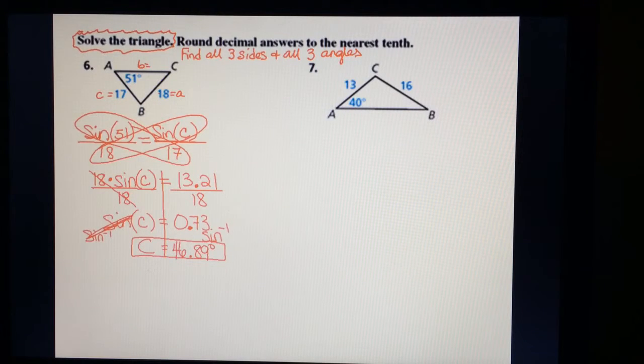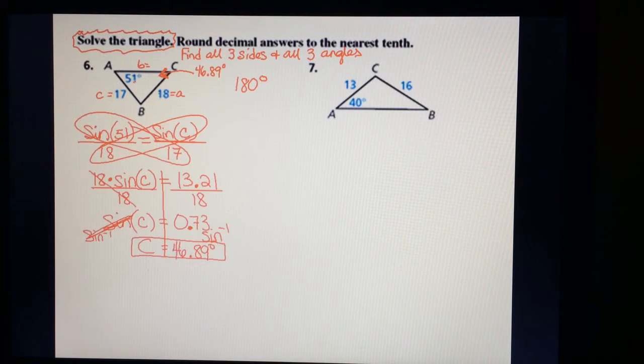All right, so that's angle C. Angle C right there is 46.89 degrees. The good thing is in finding all three sides and all three angles, finding all three angles is actually pretty easy, because we know from geometry that the angles inside of a triangle have to add up to 180 degrees.